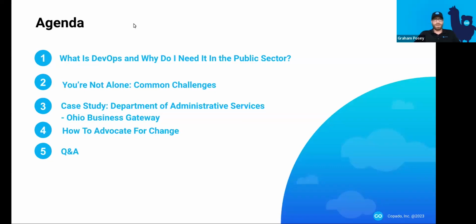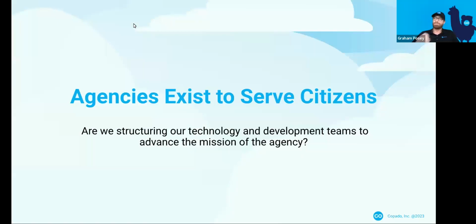Then you'll hear a little bit about some of the common challenges and pains that we hear from public sector. And then we'll share the story of Ohio Business Gateway. And then Prashant will give us some actionable tips and tricks to send everybody on their way to DevOps enlightenment. So I know we have a lot to cover, so let's just go ahead and jump right in.